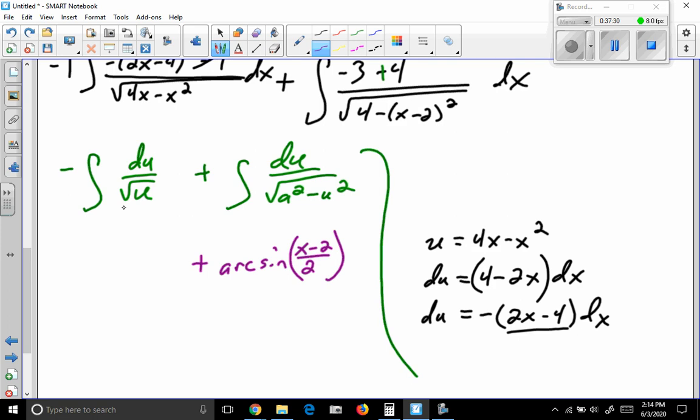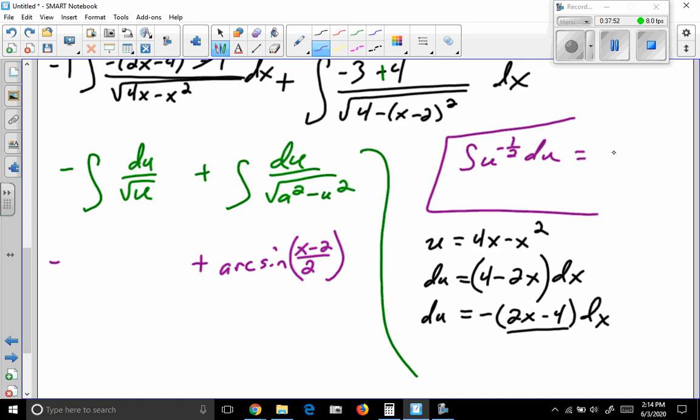This problem here, if we're integrating that one, we have our negative out front. And if we integrate du over the square root of u, that's really just u to the negative 1/2 du. That's u to the 1/2 on bottom. If we move that to the top, that's u to the negative 1/2.